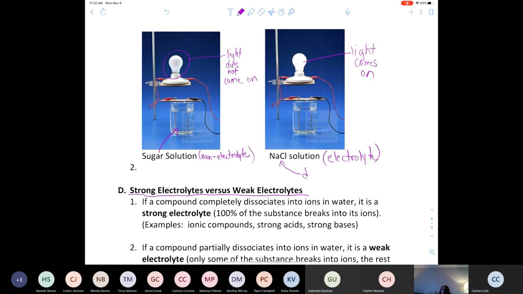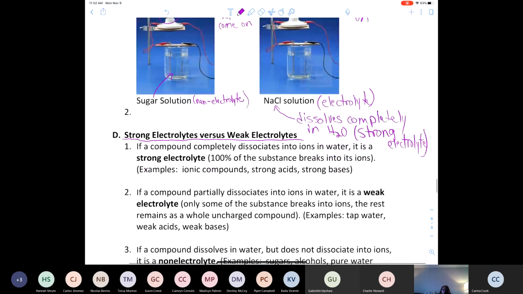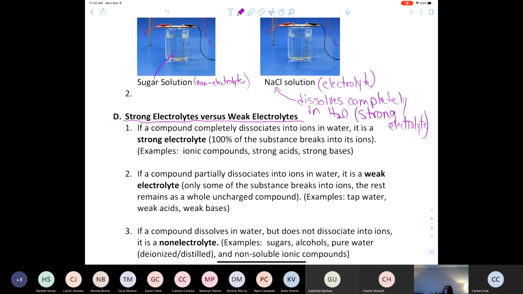And so therefore it dissolves completely in water, and that makes it a strong electrolyte. So 100% of all the molecules that you place in a given volume of water will dissociate into those Na plus and Cl minus ions.